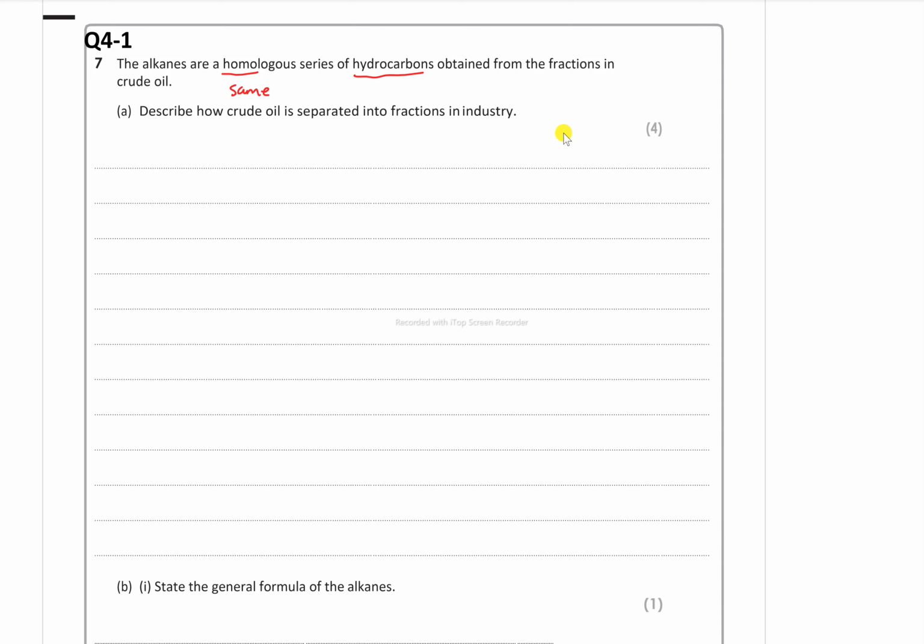Right. How do you separate crude oil? Number one, I think we've done this in the other ones. You heat the crude oil until it vaporizes.